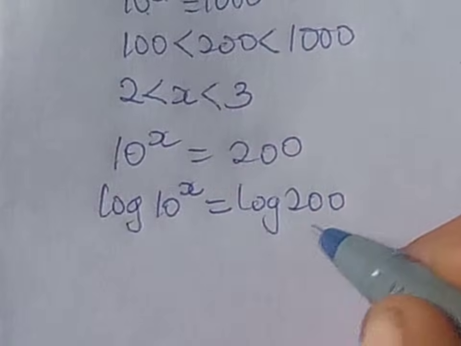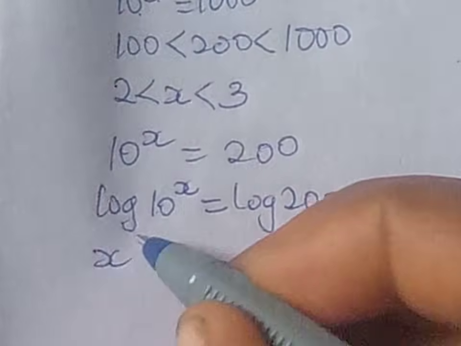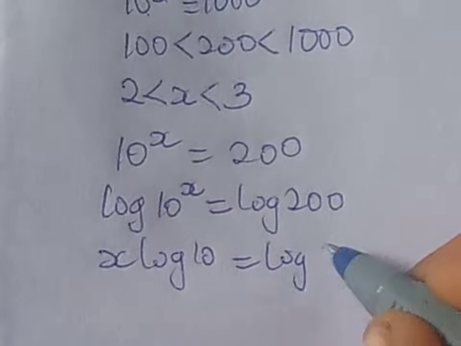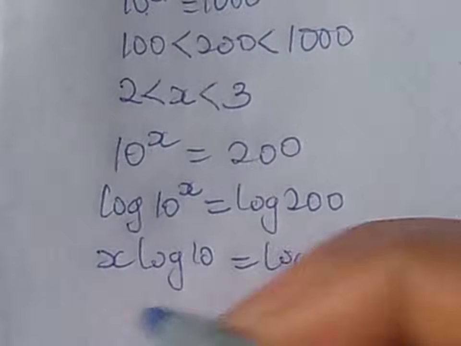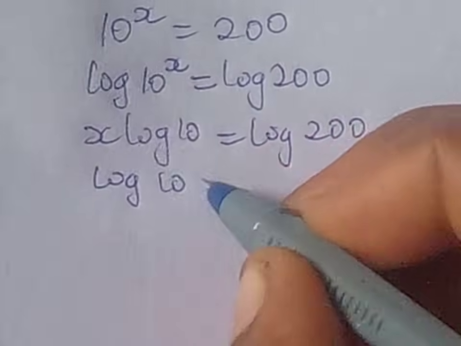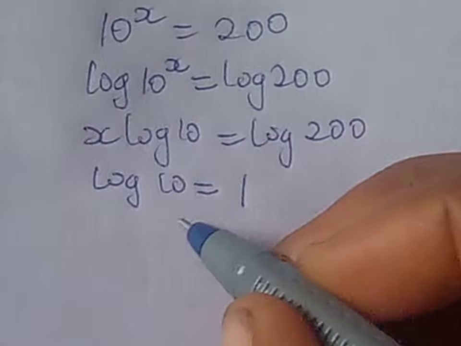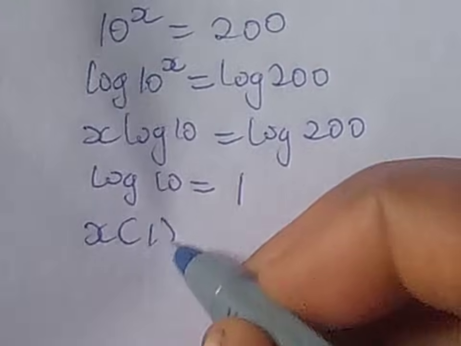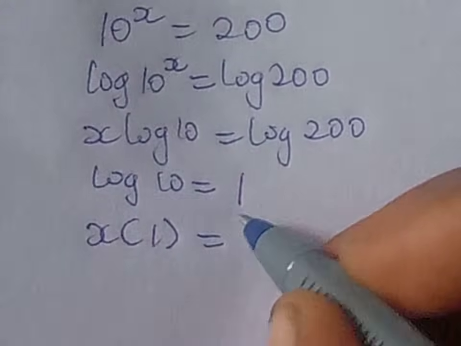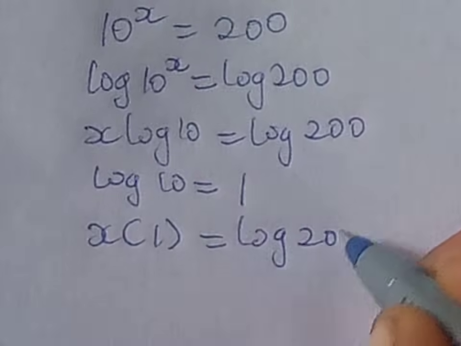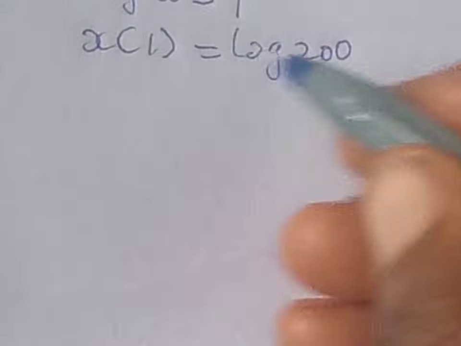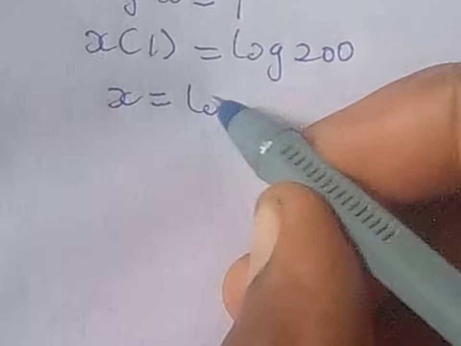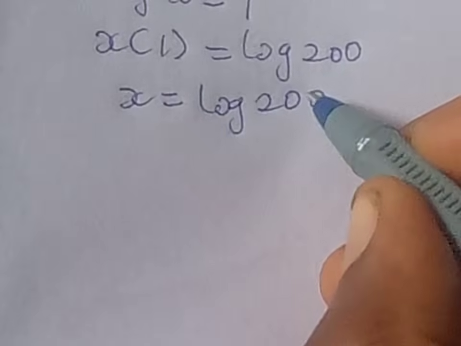Using the logarithm power rule, x log 10 equals log 200. Since log 10 equals 1, this becomes x times 1 equals log 200. x times 1 is x, so we have x equals log 200.